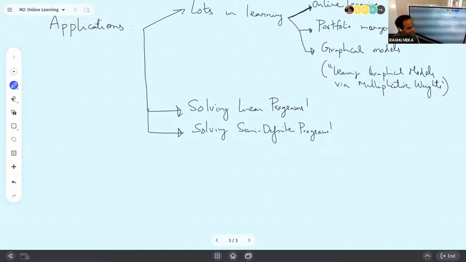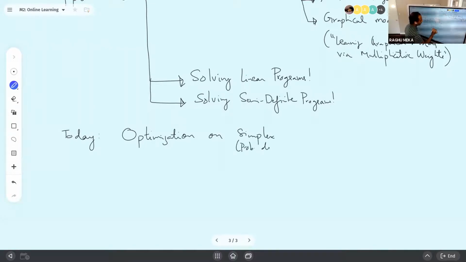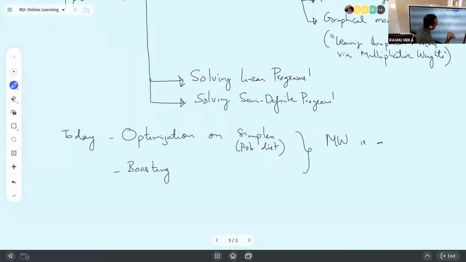Okay, so let me say a few words about that. So today we'll talk about optimization on the simplex, right, or probability distributions, and on boosting, which is a very important, practical, important learning tool.